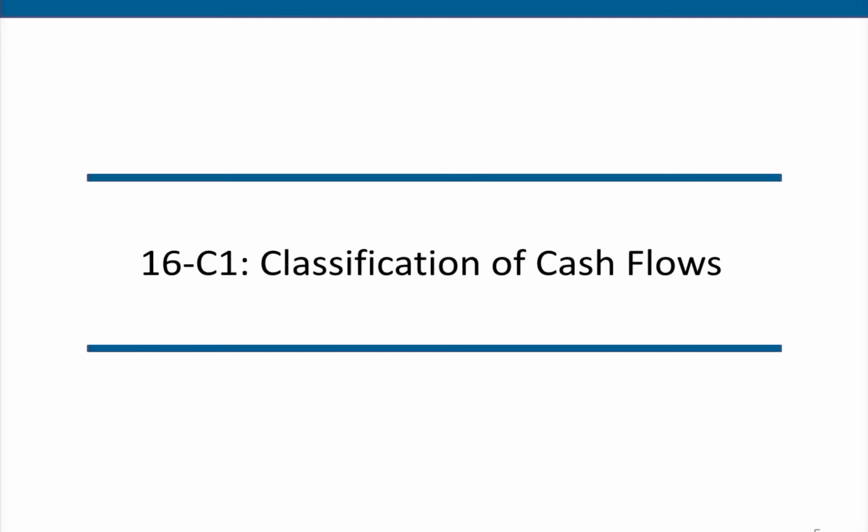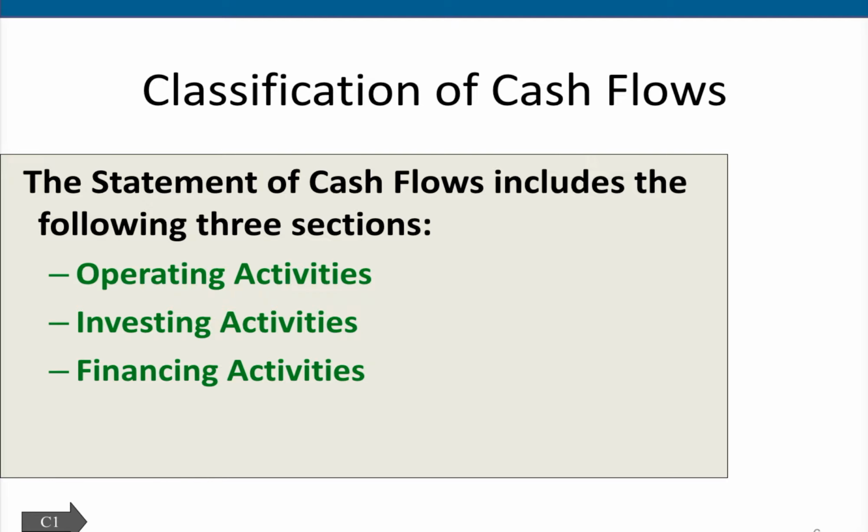Okay, so on the statement of cash flows, we divide it into three categories. Because of relevance, we divide the effects of cash activities into these three categories: operating activities, investing activities, and financing activities. Okay? So operating activities would be your day-to-day operations.